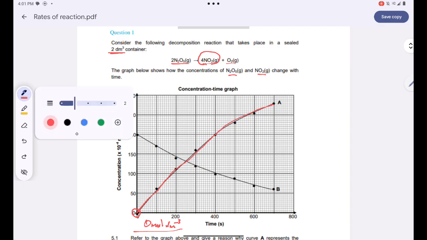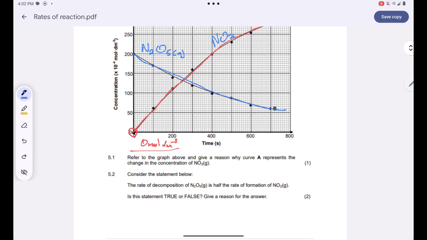This simply means that curve B will represent my reactants. I only have one reactant, which will decompose into nitrogen dioxide and oxygen, and the name of my reactant is nitrogen pentoxide gas. So curve A represents the product, nitrogen dioxide, and curve B represents the reactant, nitrogen pentoxide.